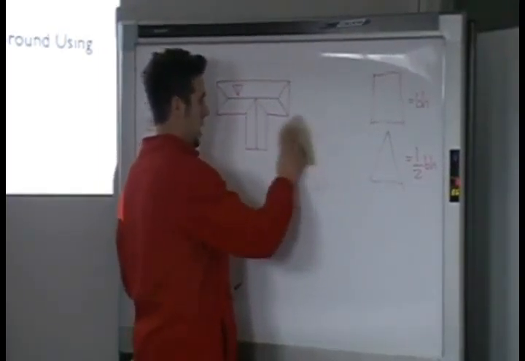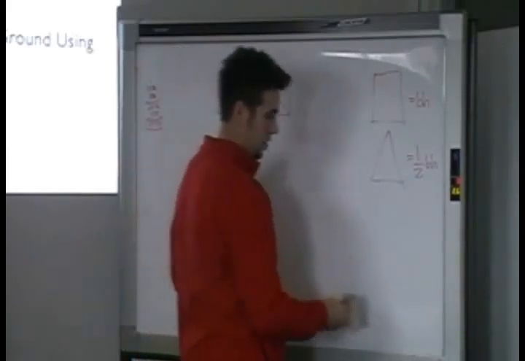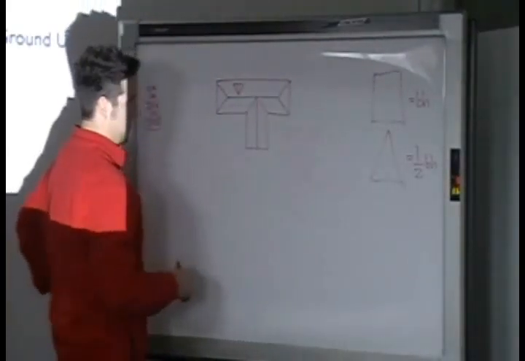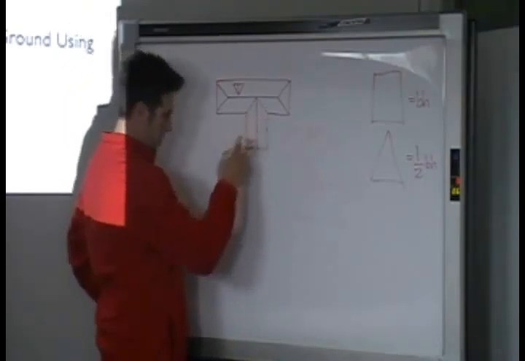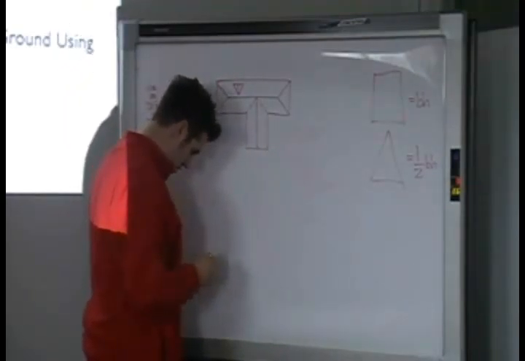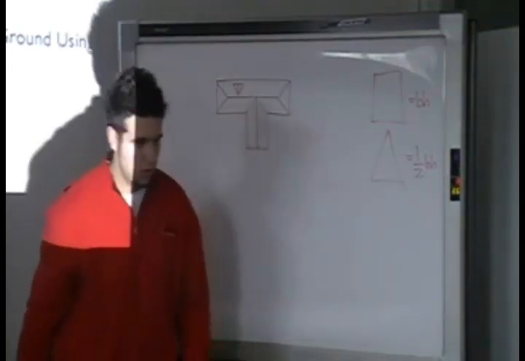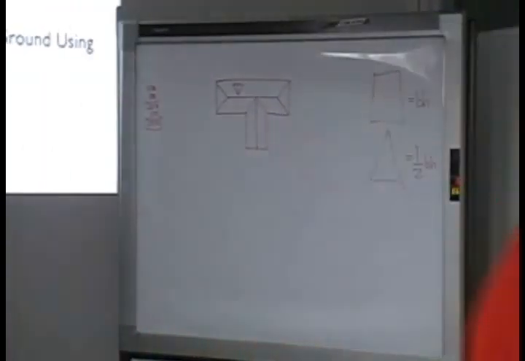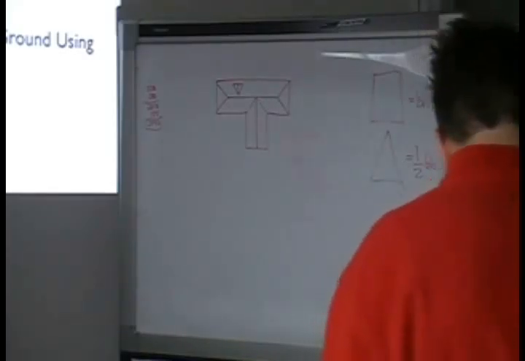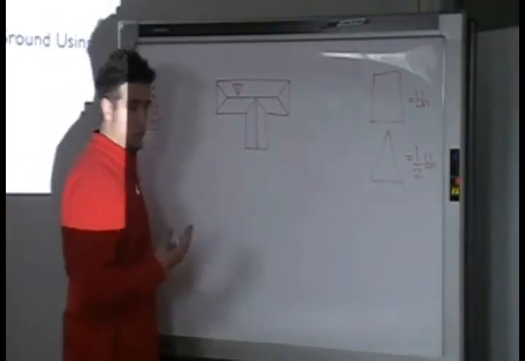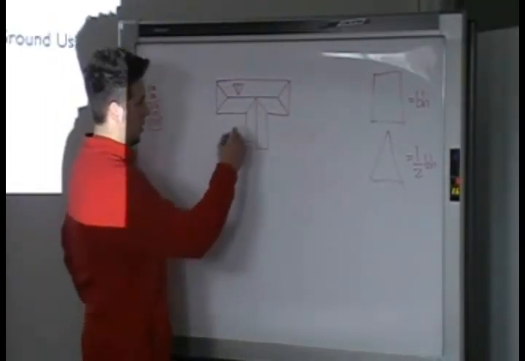So what we actually do is we're going to use our method, which is simple grouping. So I'm going to use a different color here. What I'm going to do is break this into 2 rectangles.